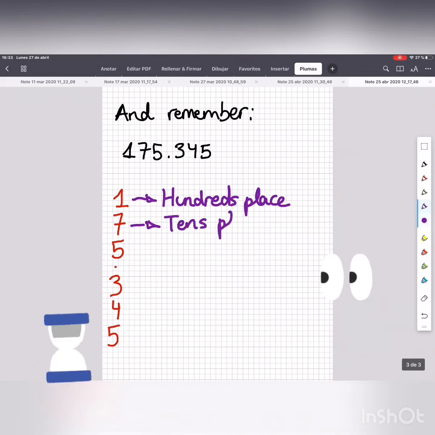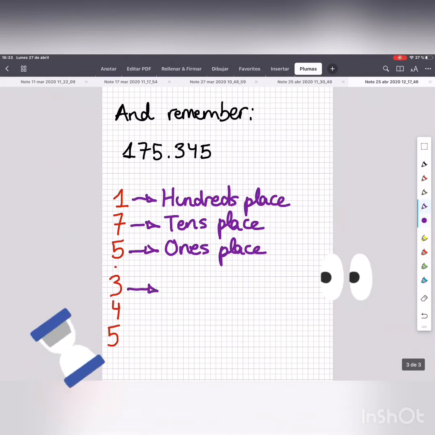The 7 is in the tens place. The 5 is in the ones place. The 3 is in the tenths place.